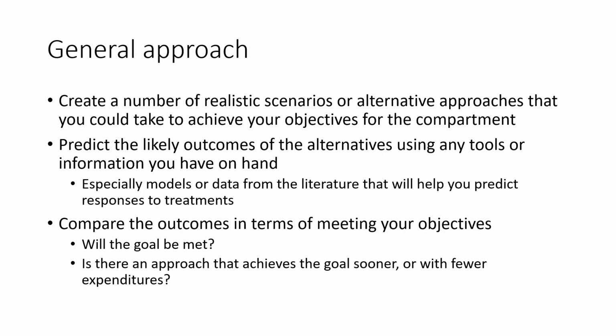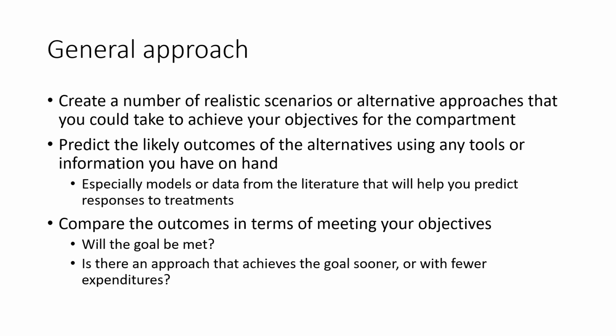The general approach is you look at your compartment, your particular stand that you're trying to make a prescription for, think about the landowner objectives, and then generate several alternatives. Let's say you have a habitat objective, and you think, okay, here's option A, B, and C. These are different silvicultural approaches that I think would make sense. Let's take a look at those.